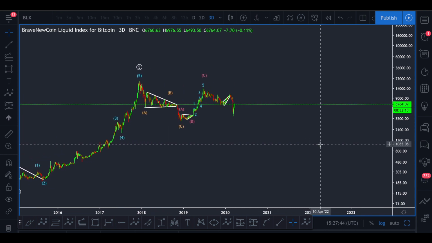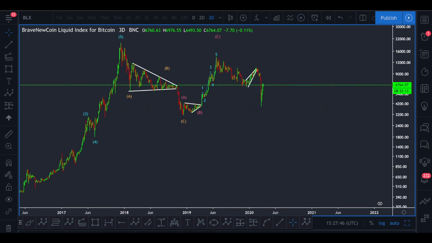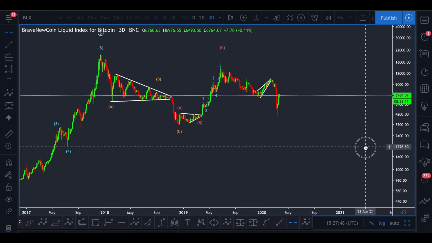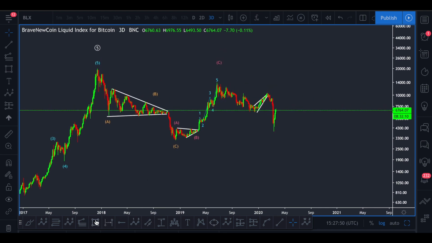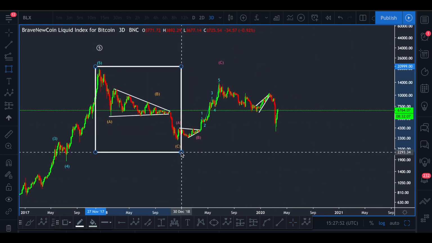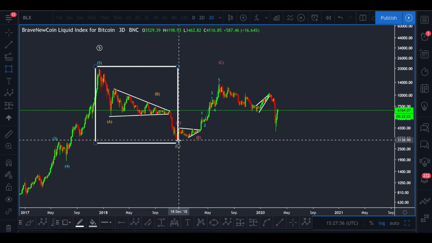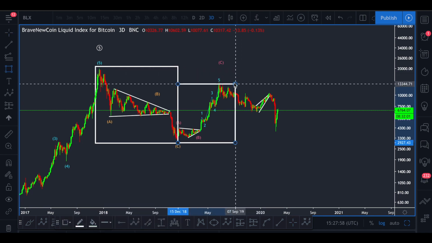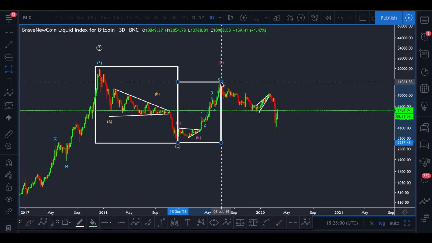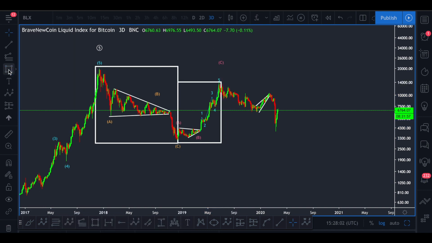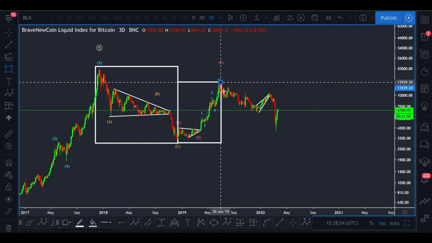And so with that being said, if you take a look at this part right here, it does look like we have 2 different phases of the ABC complete, and that's right here is one, then the next one right here as the second, and now we have that third phase we're working on. So this is basically the end of the correction.